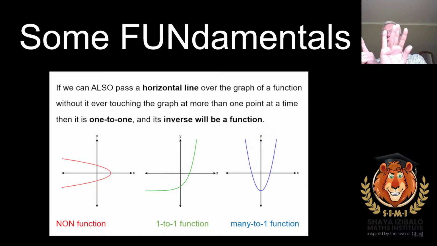The only way you can prevent that happening is to restrict the domain of the blue function to make it one-to-one. You could either take only the left-hand half of the parabola, in other words, x less than or equal to 0, or the right-hand half, x greater than or equal to 0. But we'll get into that shortly.